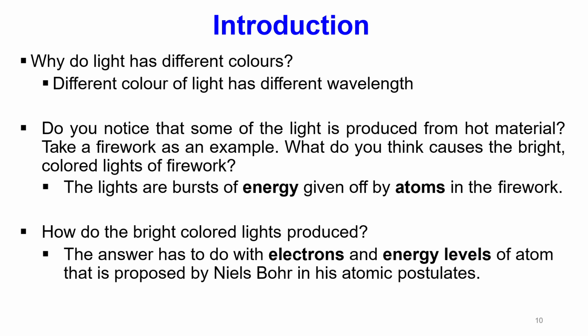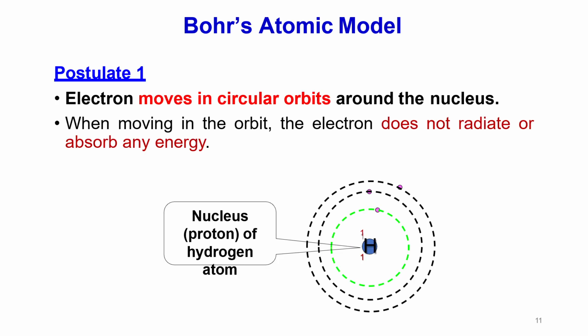Actually, Rutherford atomic model was quite commendable when it came to explaining the structure of atom. However, it was not very appropriate theoretically. Why are we saying so? Because any charged object that revolves in a circular motion gains acceleration gradually.